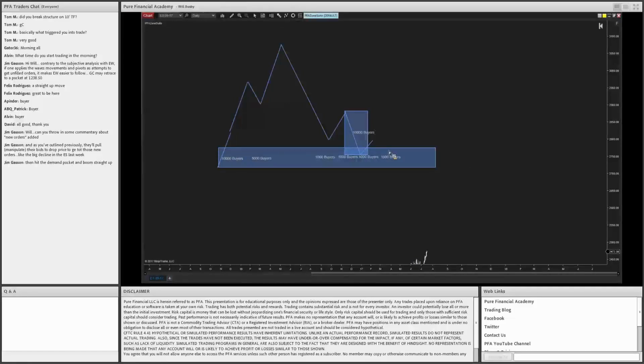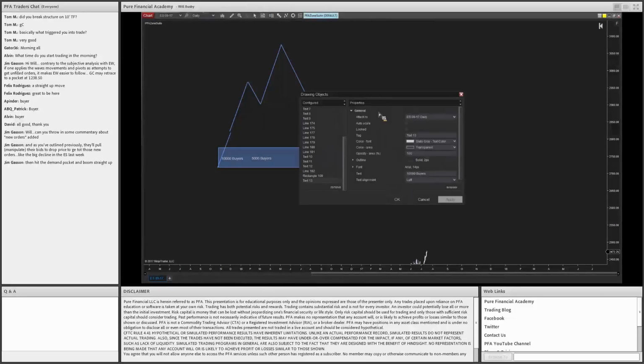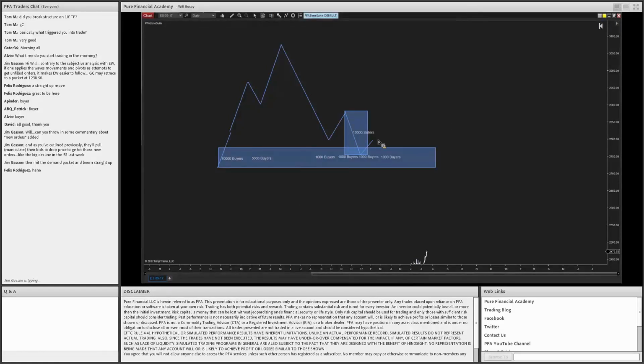Well, let's try that again, shall we? Maybe we should put it appropriately. There we go. So now we have 10,000 sellers in a supply level right on top of the area where support traders are placing their entries long. So who do you think should prevail here?